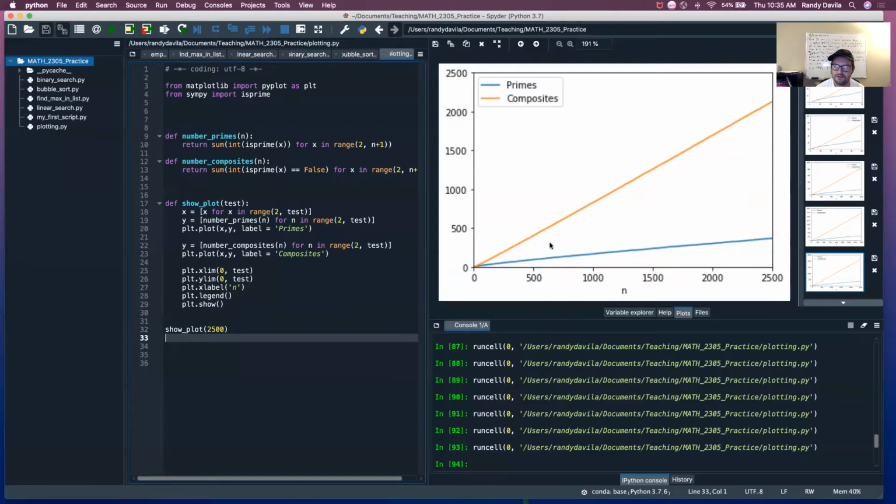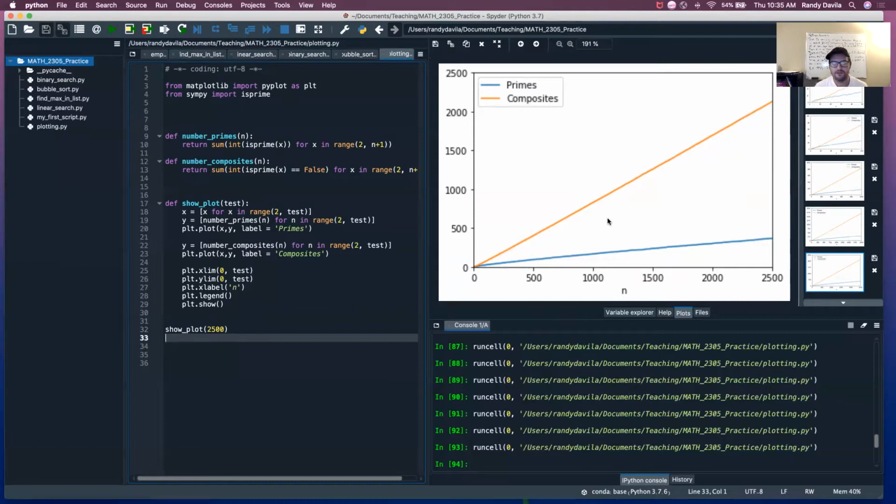The number of composites is growing in a very linear fashion, like maybe one half of x would plot this line. But the primes line is definitely not looking like it's growing fast enough.